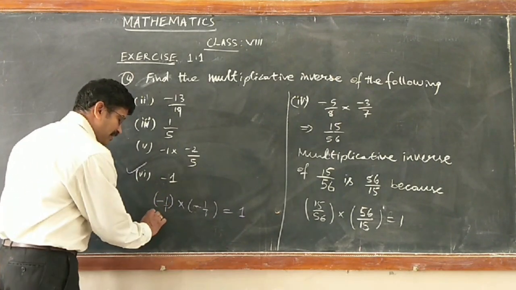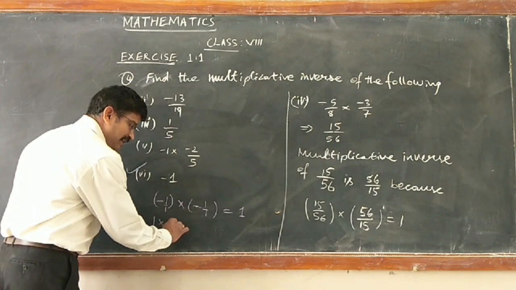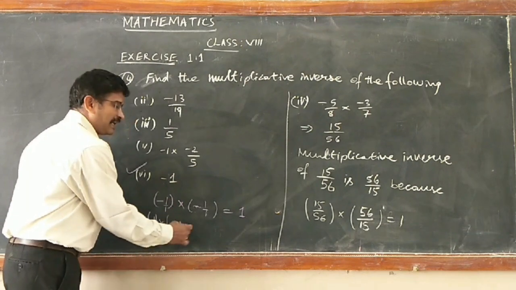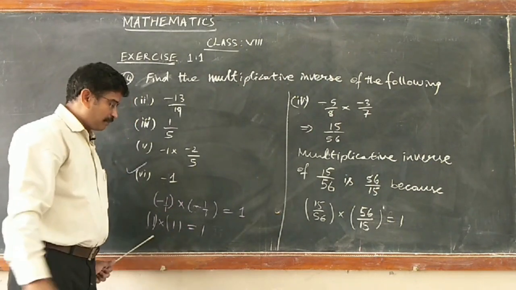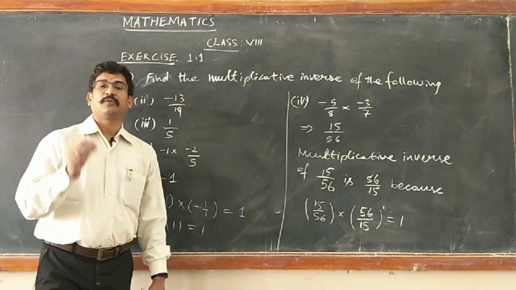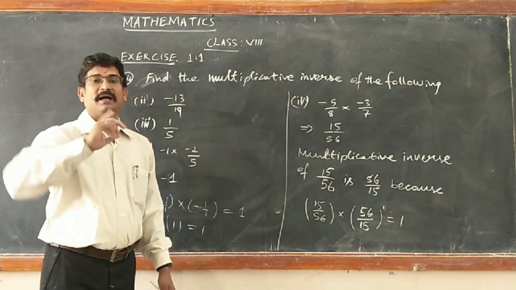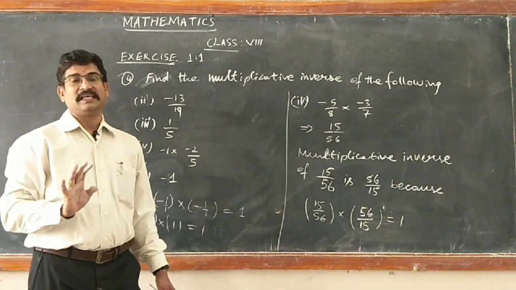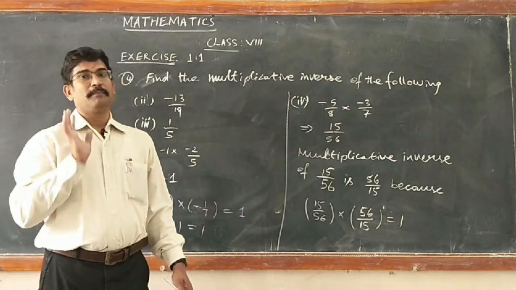Yes, there is. The multiplicative inverse of 1 is 1 itself, because their product gives 1. So this is note number 3. The multiplicative inverse of 1 and minus 1 are themselves only. Okay, these are important bits.